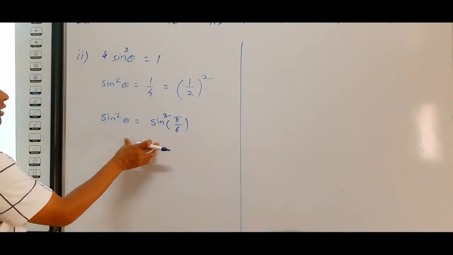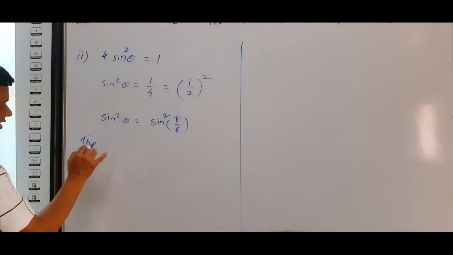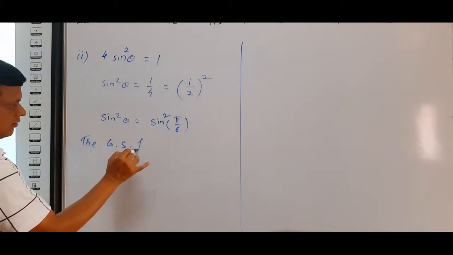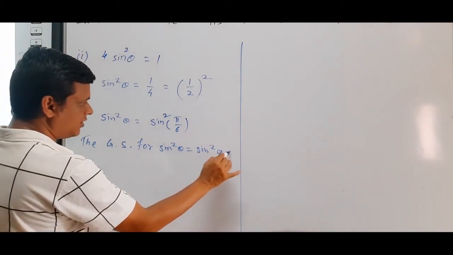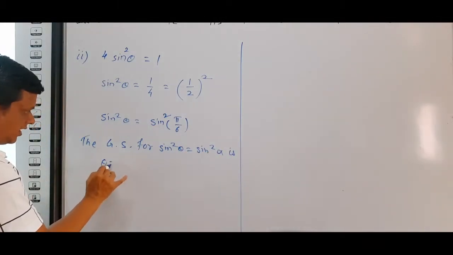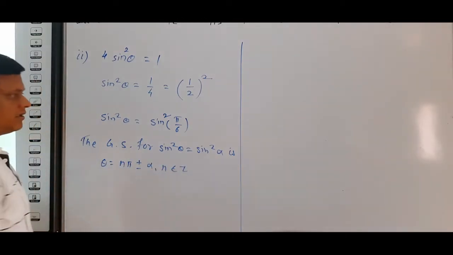Now it is of the form sin square theta equals sin square alpha. So the general solution for sin square theta equal to sin square alpha is theta equals n pi plus or minus alpha, n belongs to z.